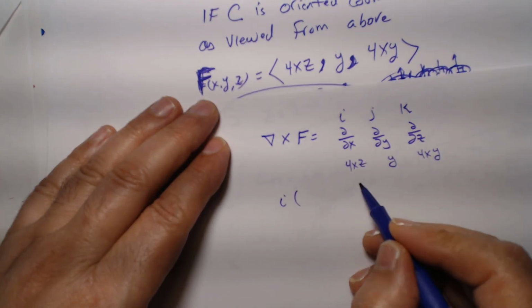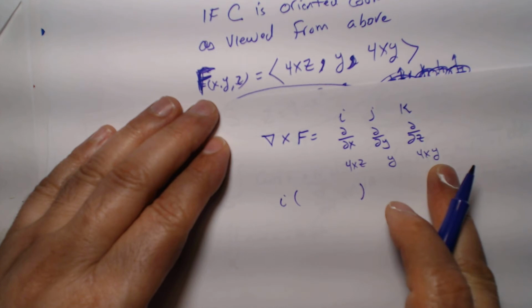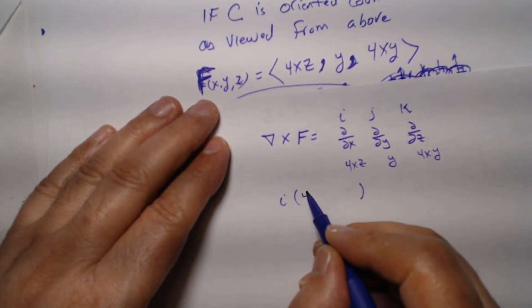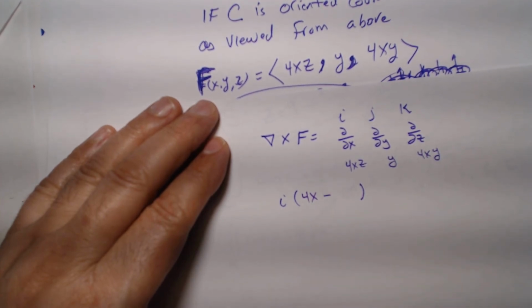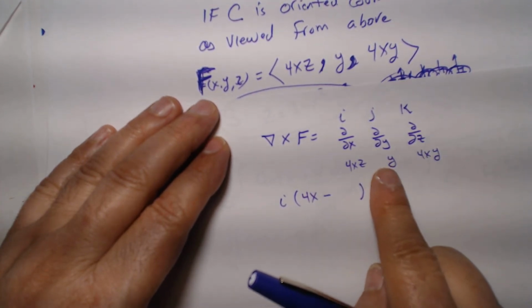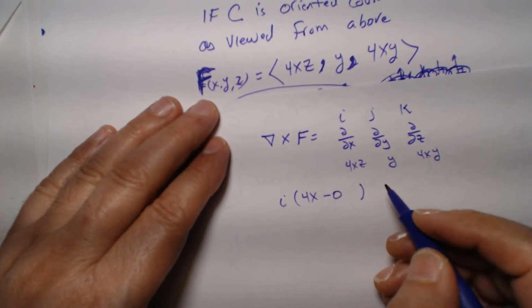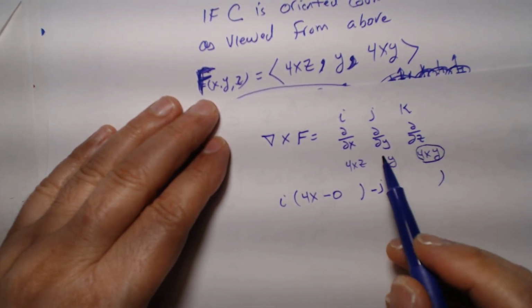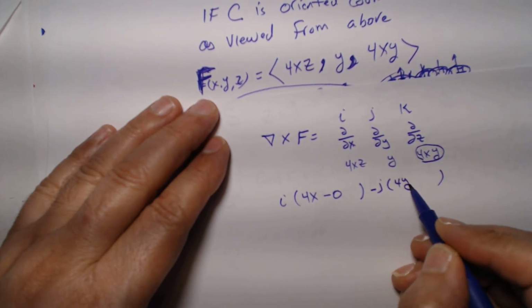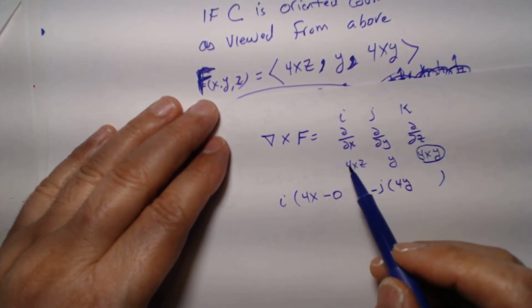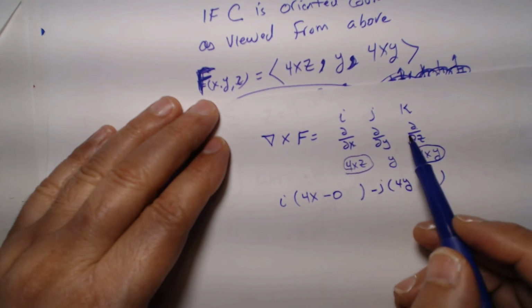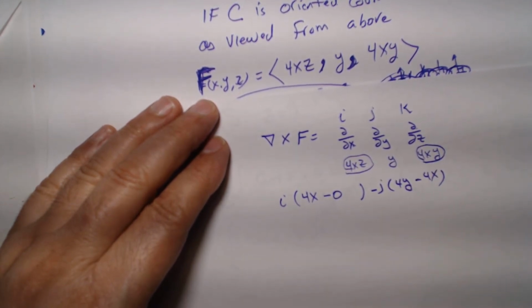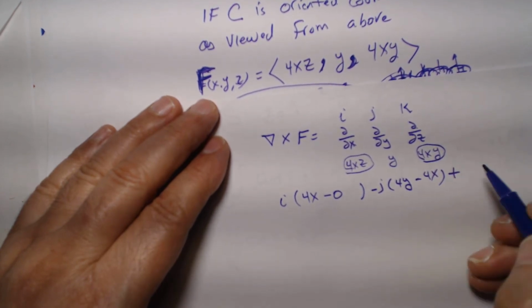Therefore, your i component is the partial derivative of the z component with respect to y, which is 4x, minus the partial derivative of the y component with respect to z, which is 0, minus a j, the partial derivative of the z component with respect to x, which is 4y, and the partial derivative of the x component with respect to z, which is 4x.